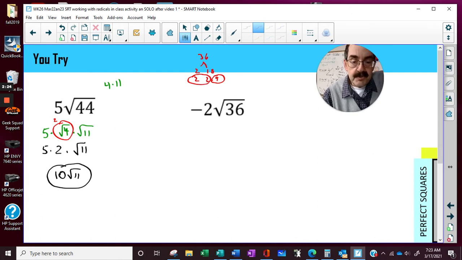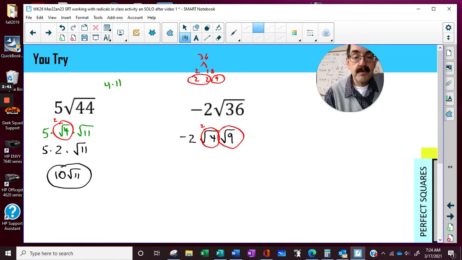So let's just do it the old-fashioned hard way. Negative 2 times the square root of 4 times the square root of 9. Well, square root of 4 is 2. Square root of 9 is 3. So we get negative 2 times 2 times 3.